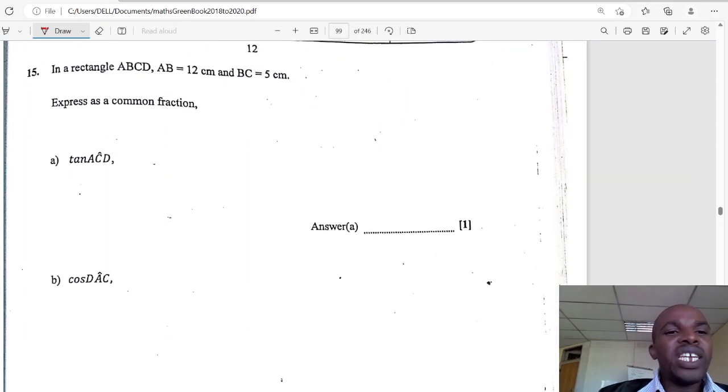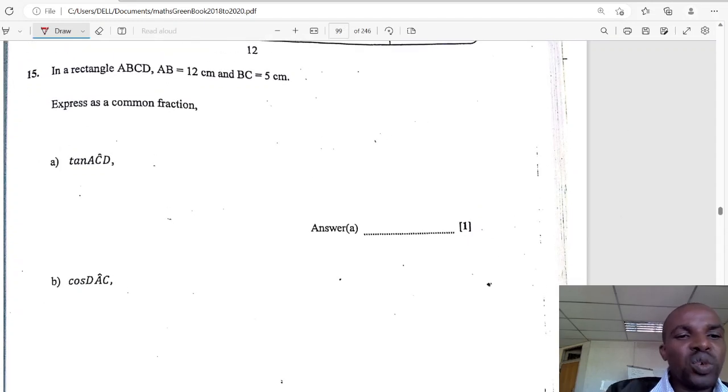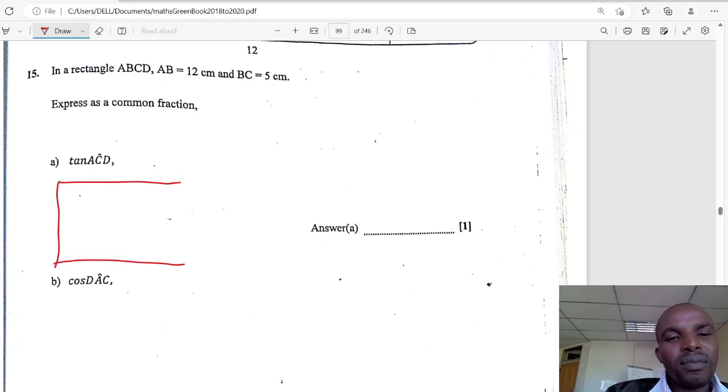In a rectangle ABCD, AB is 12 centimeters, BC is 5 centimeters, expressed as a common fraction, tan ACD. You have to draw your rectangle first. So my rectangle, let me draw it here. Then they said AB, so this one is AB, which is 12 centimeters.